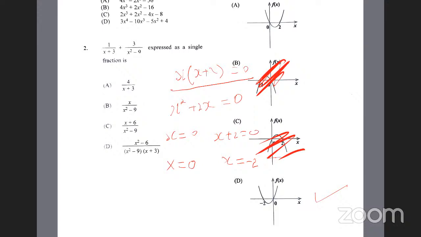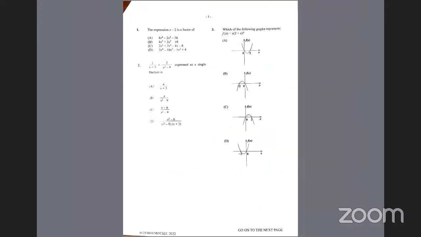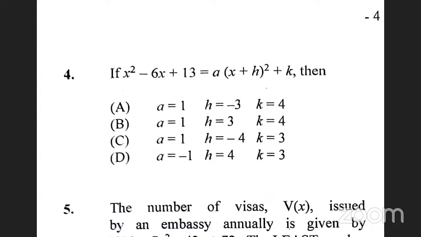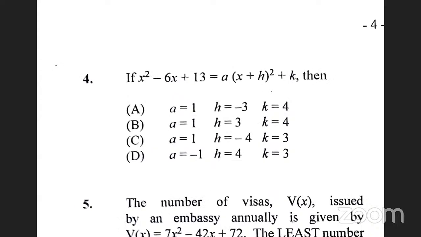Give you the calculator so you can just plug it in. Next one. Find H and K. Well, you know what A is, so you can cancel off one of the answers already.